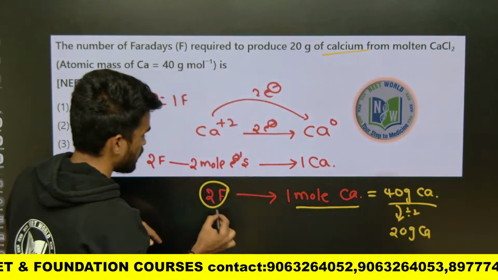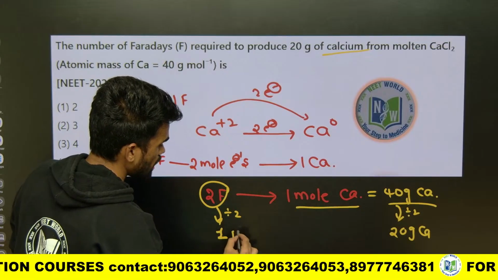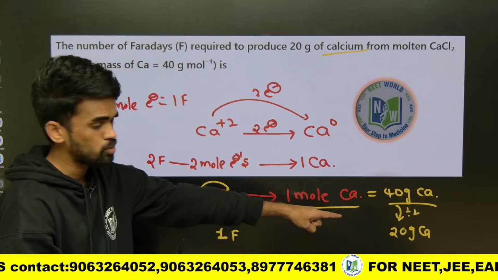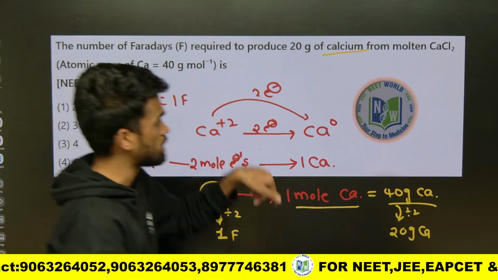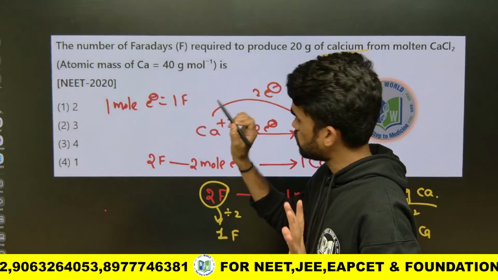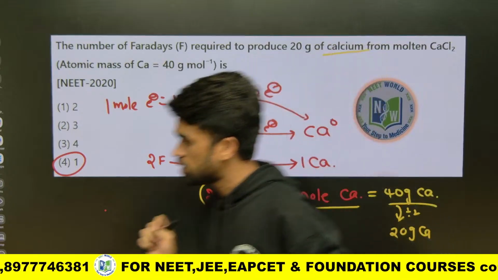Here also you divide by 2, so it becomes 1 Faraday of charge required to produce 20 grams of calcium. So what is our answer? They are asking the number of Faradays, so 1 Faraday. So option number 4 is our answer. Hope this is clear now.